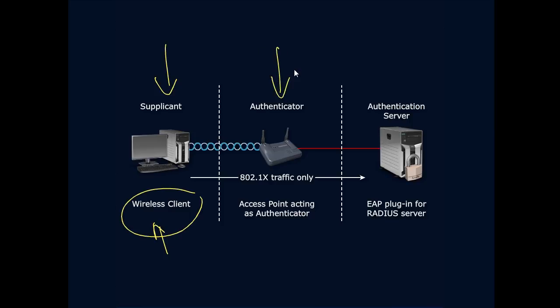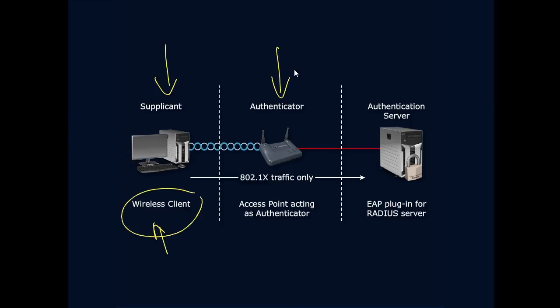Now, the authenticator is what passes along 802.1x traffic and drops all other traffic until we have validated the supplicant. So this is kind of like the gatekeeper. What it's going to do is take that 802.1x packet that's trying to authenticate the supplicant, and pass that along to the authentication server.